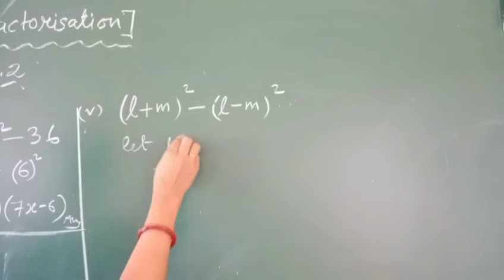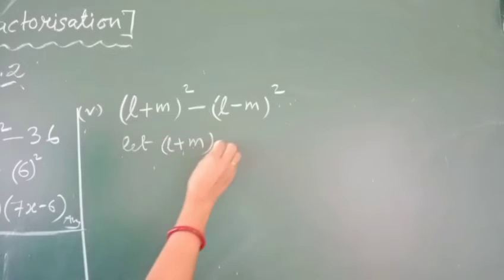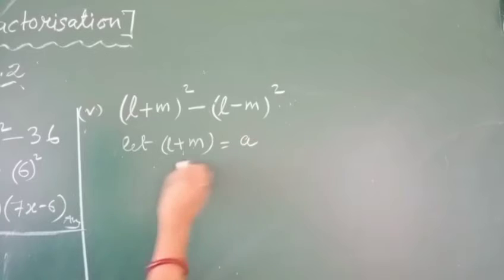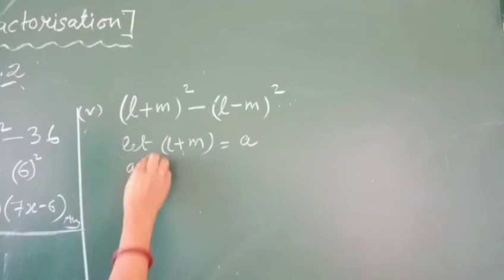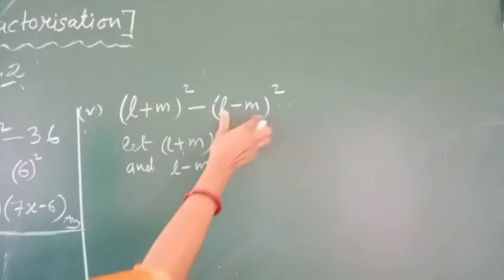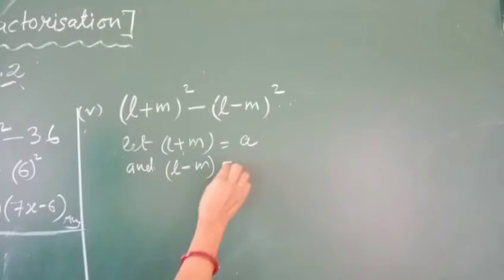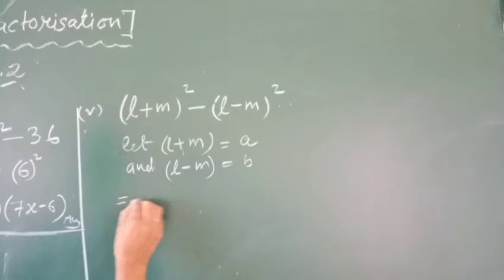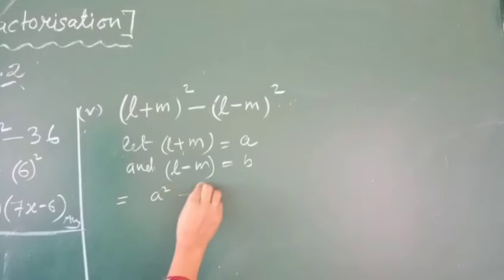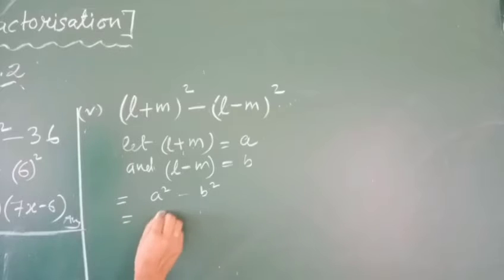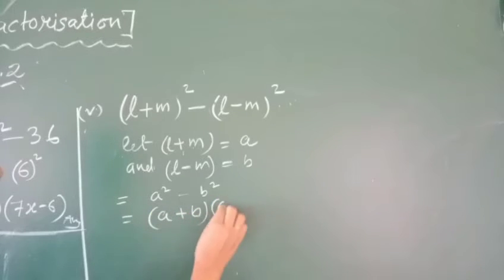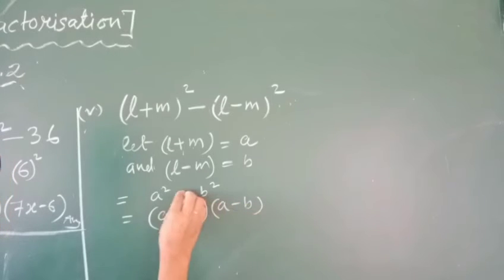Let l plus m be equal to a and l minus m, this portion, be equal to b. Then what we will get? It looks like a square minus b square, and that means you can express it as (a plus b) into (a minus b).